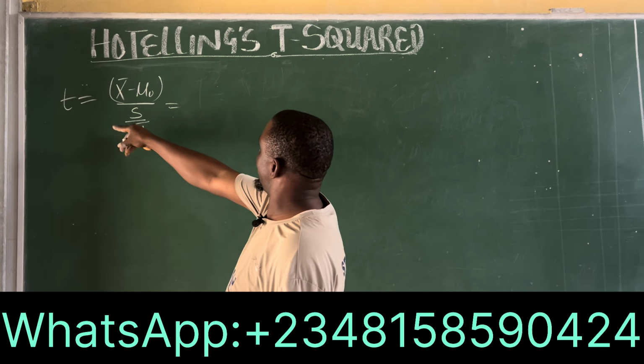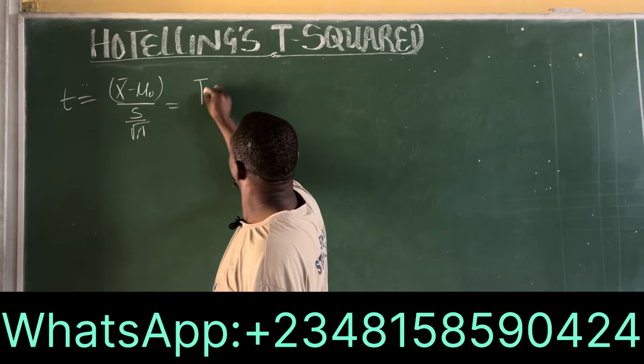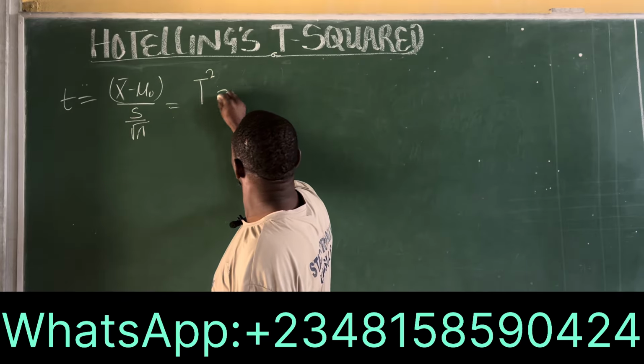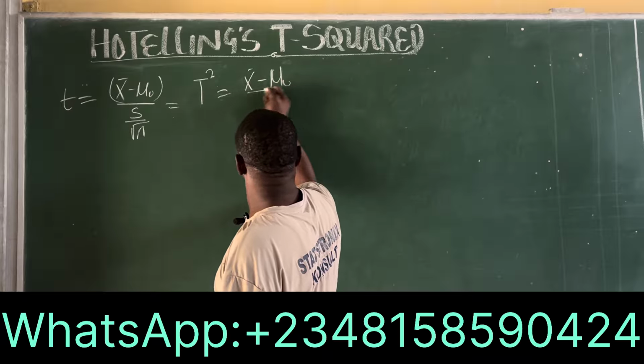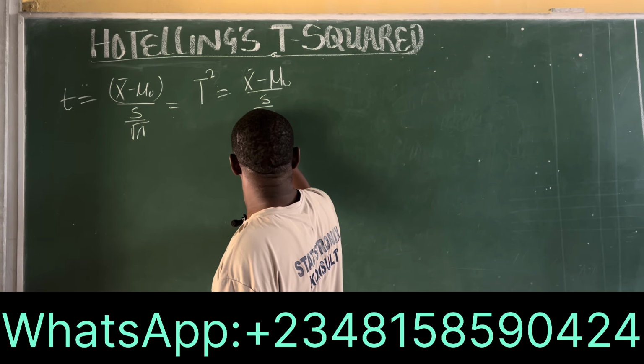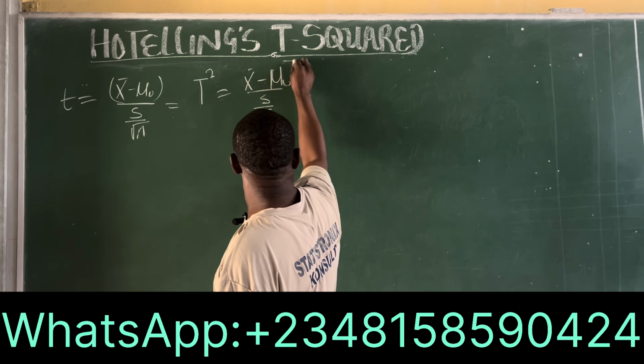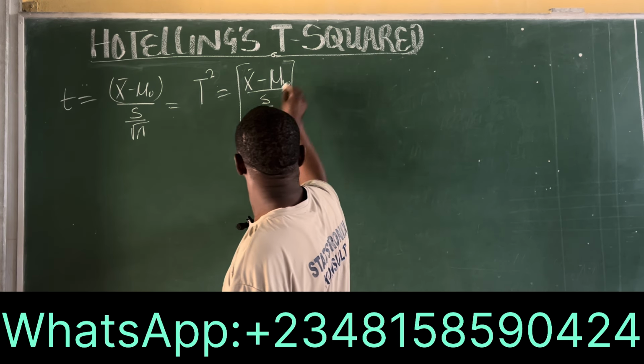So if we square our T here, T squared will be equal to X bar minus mu naught, all over S over root N, all of that squared.